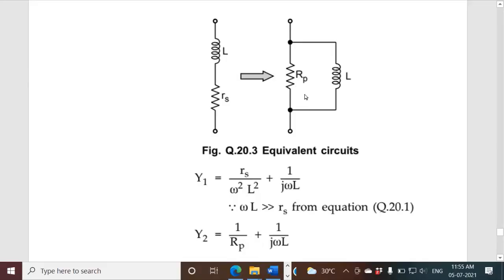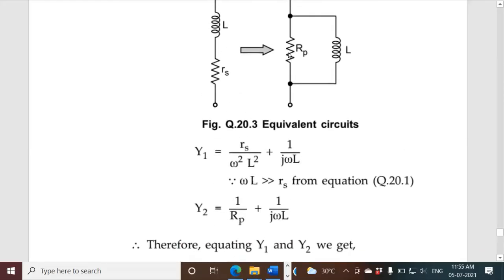So Y2 here is, you know, admittance is the reciprocal of impedance. The equivalent admittance is 1 by this impedance plus 1 by this impedance.